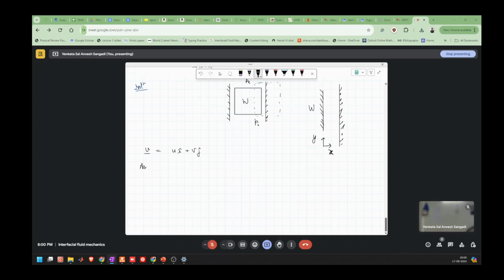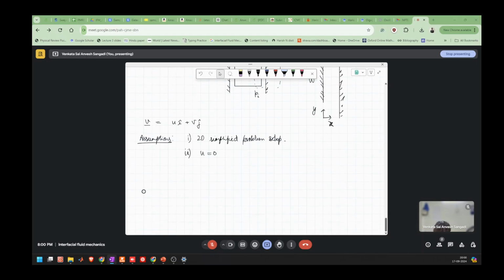Assumption: 2D simplified problem setup, so U equals 0, as there is only fluid motion in the vertical direction. And as of now, these are the assumptions.